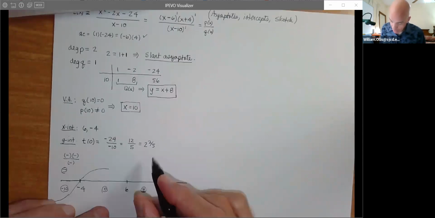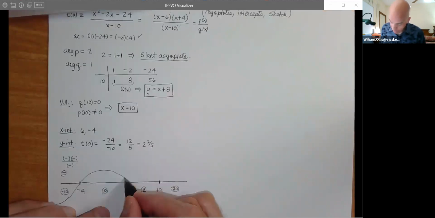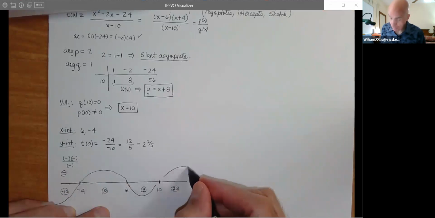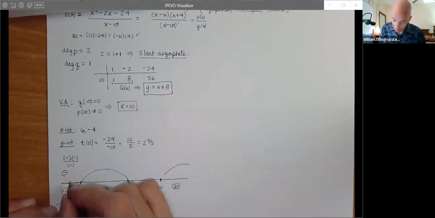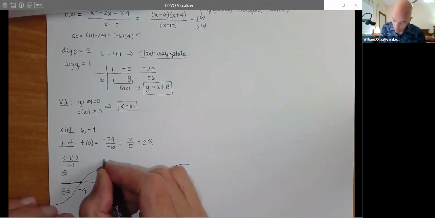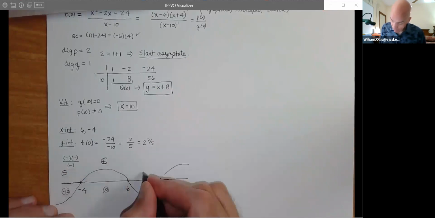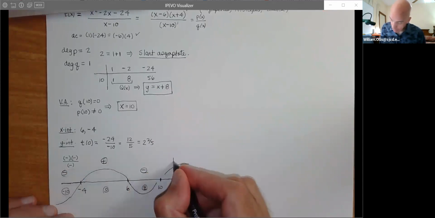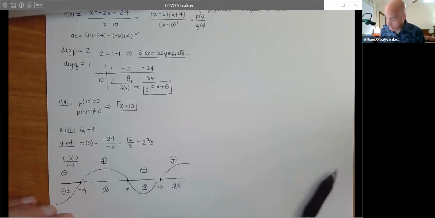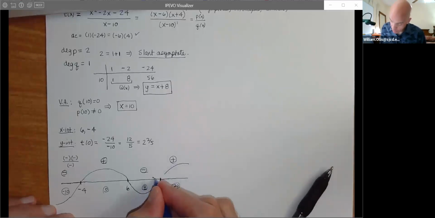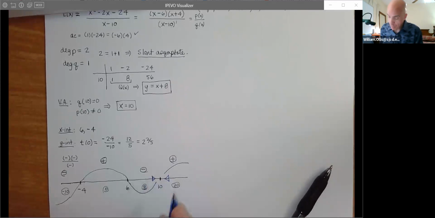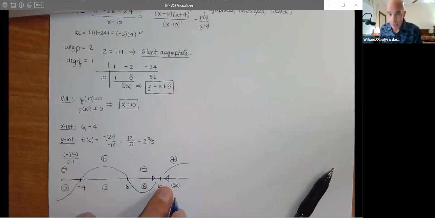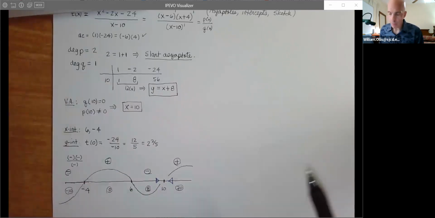And then when we get to the 6, again, we cross. And then when we get to the 10, we don't cross, but we change sign. So we have negative, positive, negative, positive. As we approach the vertical asymptote, on the left we're at negative infinity, and on the right we're at positive infinity. So this really covers all the bases.